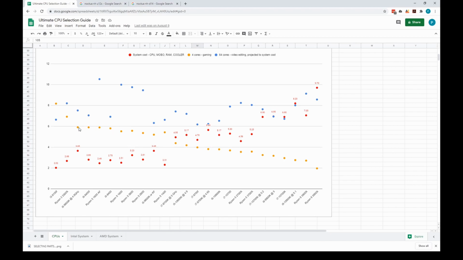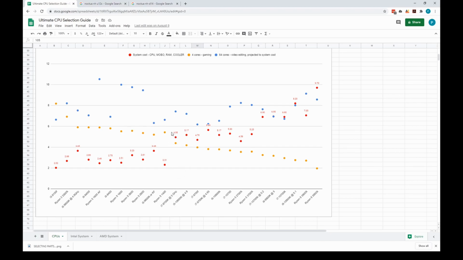These are pretty much on one line here, so I guess any one of these will do. Ryzen 5 3600, as you can see, is not the best price to performance for gaming. It's great for multi-core loads, but for gaming, I guess it's all right.